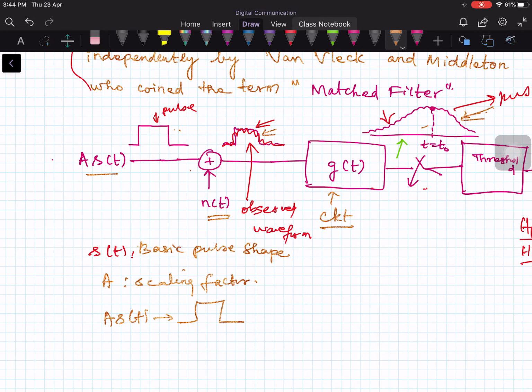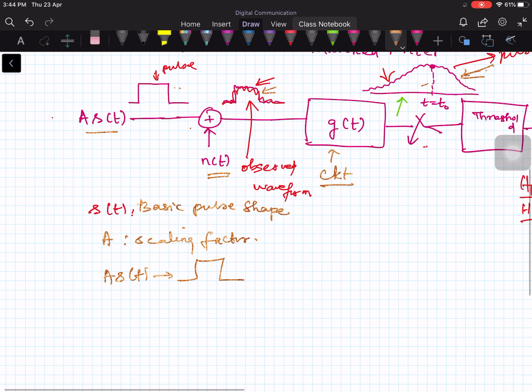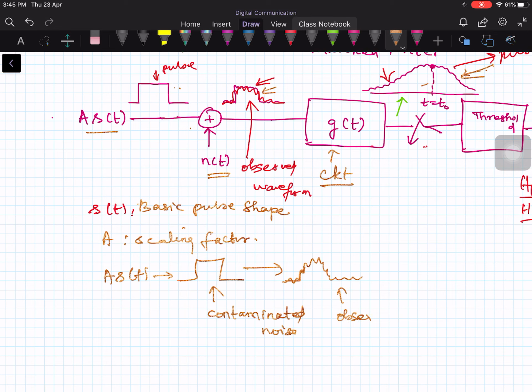It's a pulse, let us take it as a pulse for simplicity, and this pulse is contaminated by noise. Once it is contaminated, the pulse looks like this. So this is what you are going to observe, the observed waveform.